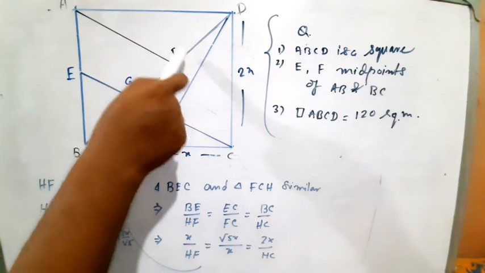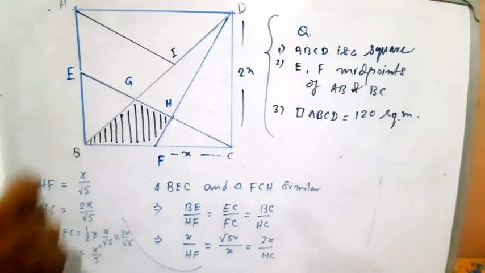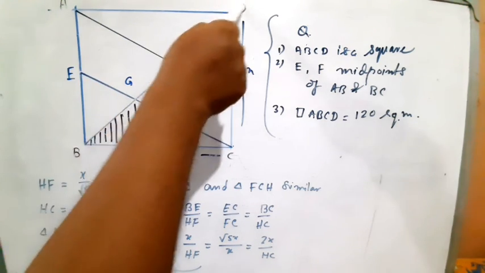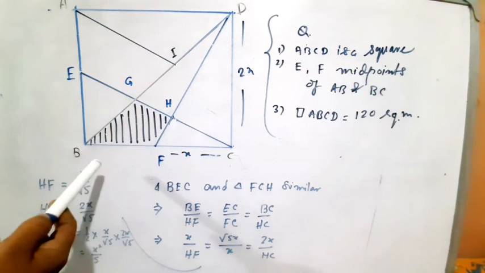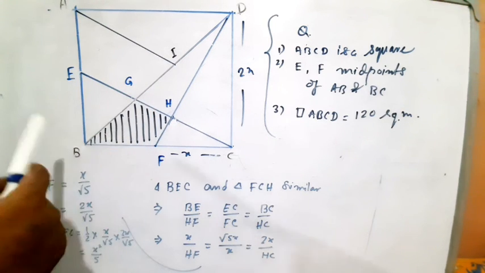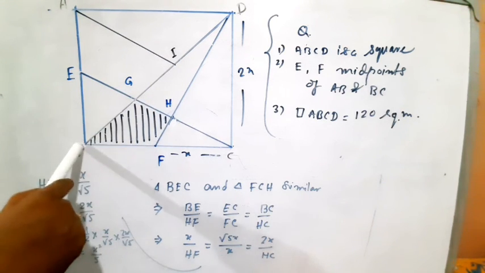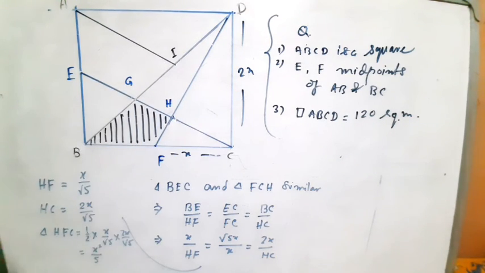So angle I equals angle G. So these two are congruent. So DI equals BG. As we have already proved that GI equals BG, and just now we discussed BG equals DI, these three parts are equal.